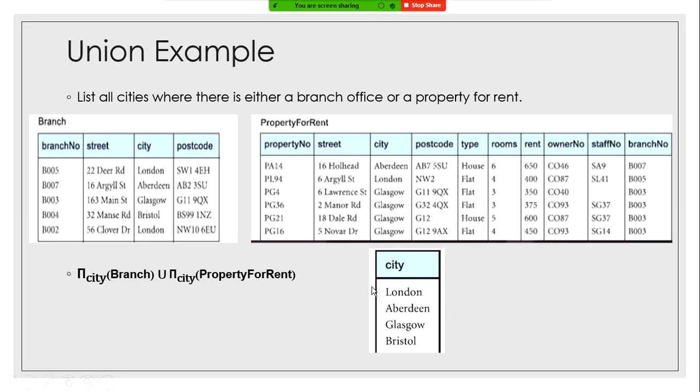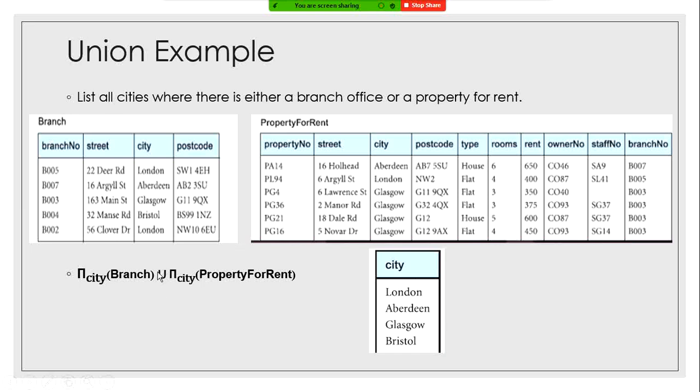Here we will write London, we will write Aberdeen, it appears in both tables. We will write it once, then we will write Glasgow once, and then Bristol. London we have already written. So all the cities that are present in property for rent or branch are included in the resulting table.